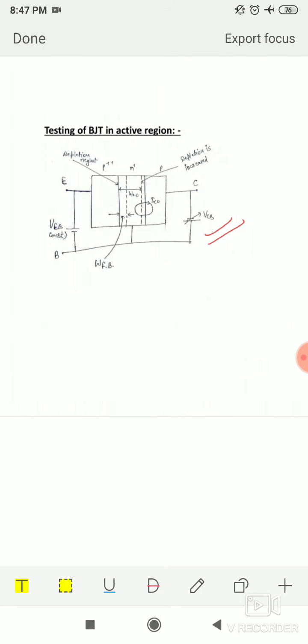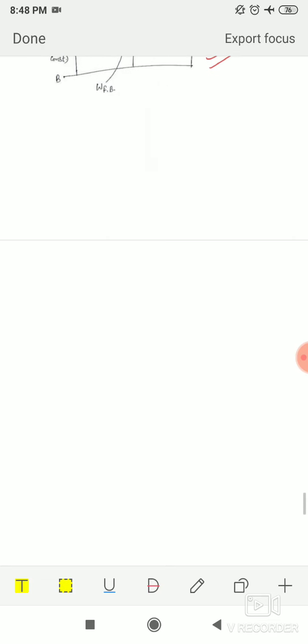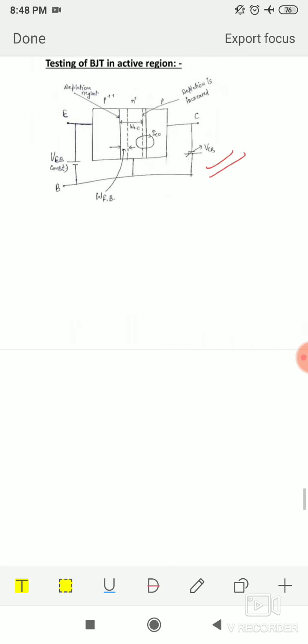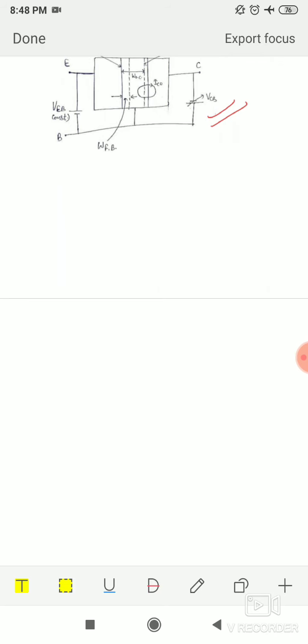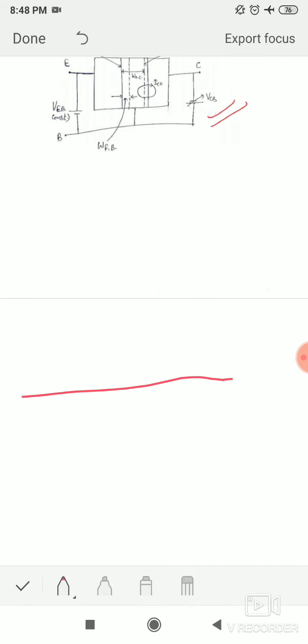Active region means we should give a constant voltage in the emitter-base junction, forward bias, and the collector junction reverse bias. First of all, we short circuit it, then forward bias, then we check reverse bias. Let's draw it.